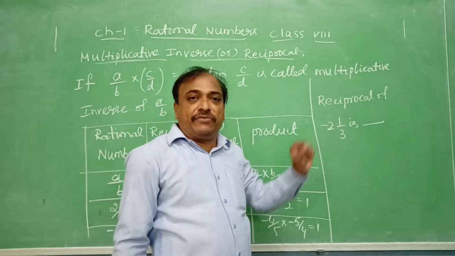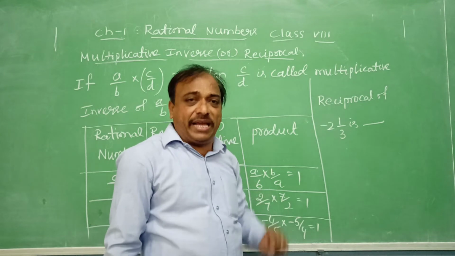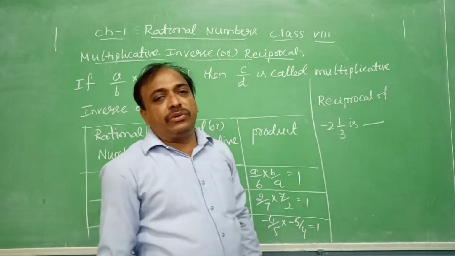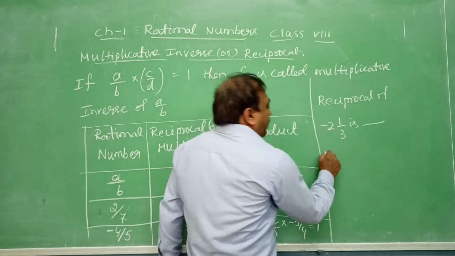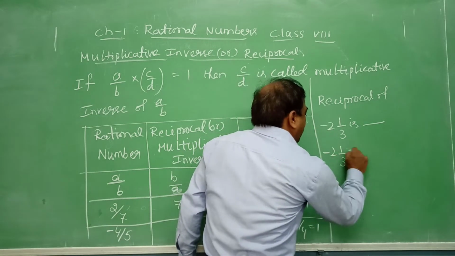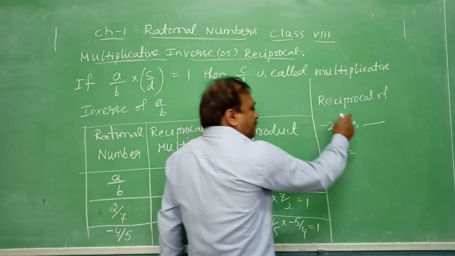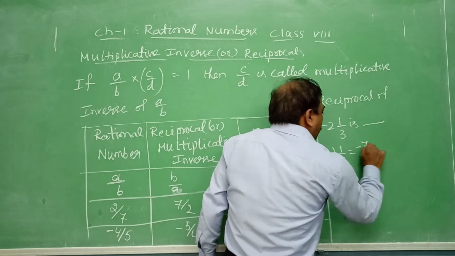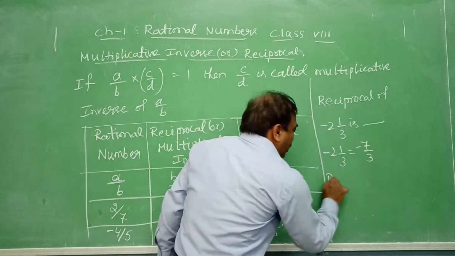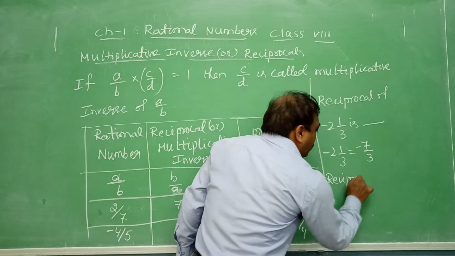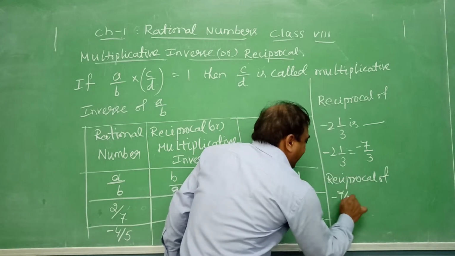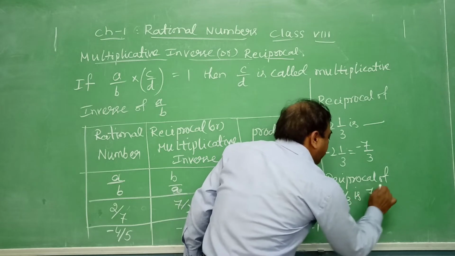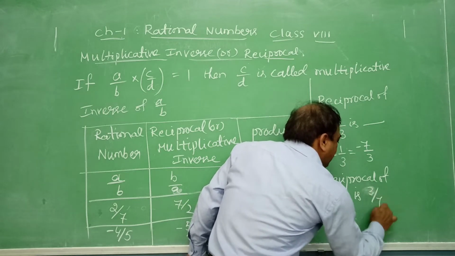First you need to convert that into an improper fraction, then you have to find the reciprocal. So minus 2 1 by 3 is equal to 3 twos are 6, 6 plus 1, 7. So minus 7 by 3. Now the reciprocal of minus 7 by 3 is minus 3 by 7.